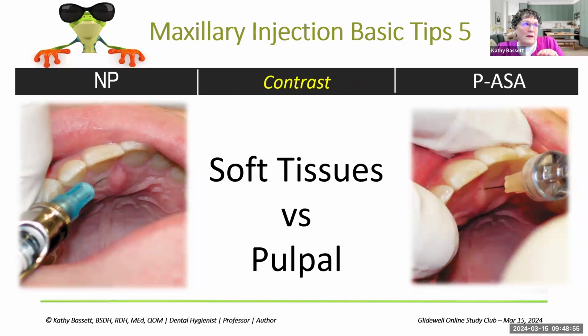So if I'm looking at a standard NP, and I made comment of a technique called the PASA, this was actually crafted for administration with a computer-controlled anesthesia device. And all they do is they change the direction just a little bit.